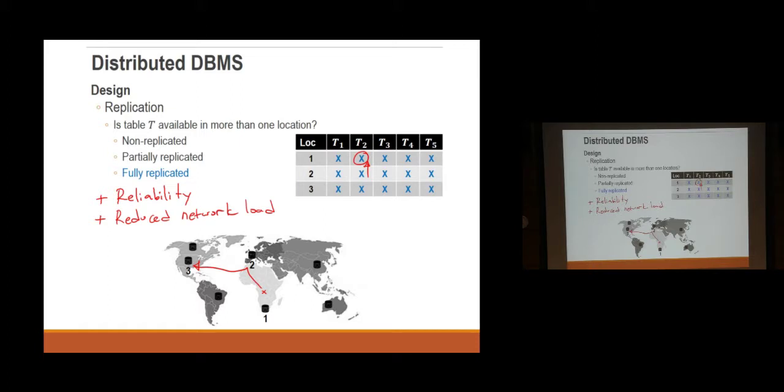Okay, and that takes a long time because of the geographical distance, and we have a limitation in the speed of light. So it will take much longer than if you fully replicate the entire database and you connect to this one. Okay, so that's the other advantage of replication.